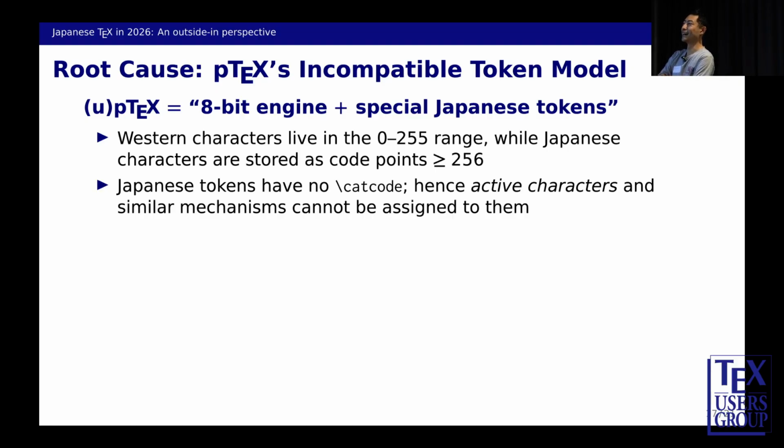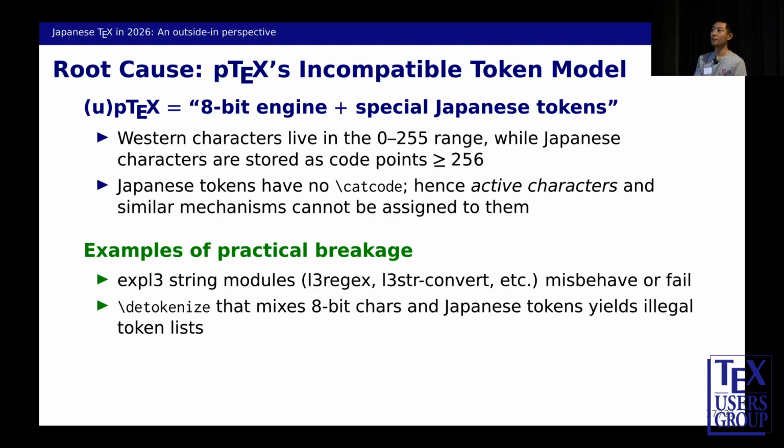And like I said, Japanese tokens have the specific KCAT code, but they don't have the normal cat code, which is quite different from the world of 8-bit engines, and probably a very confusing situation for normal Western TeX engine developers.